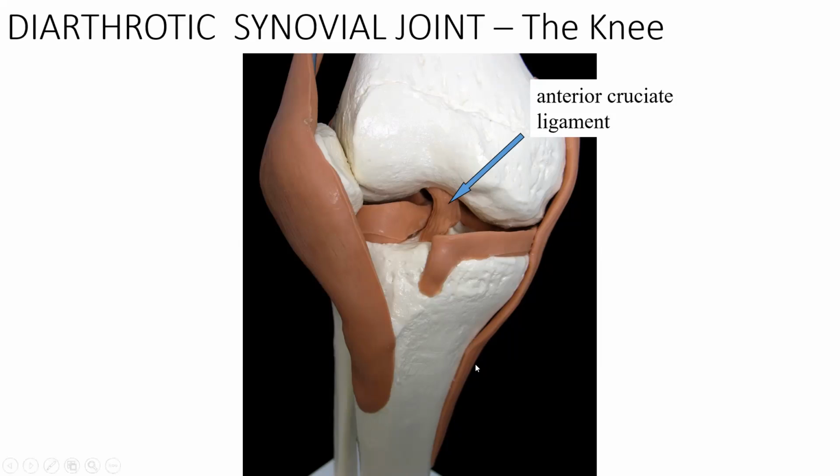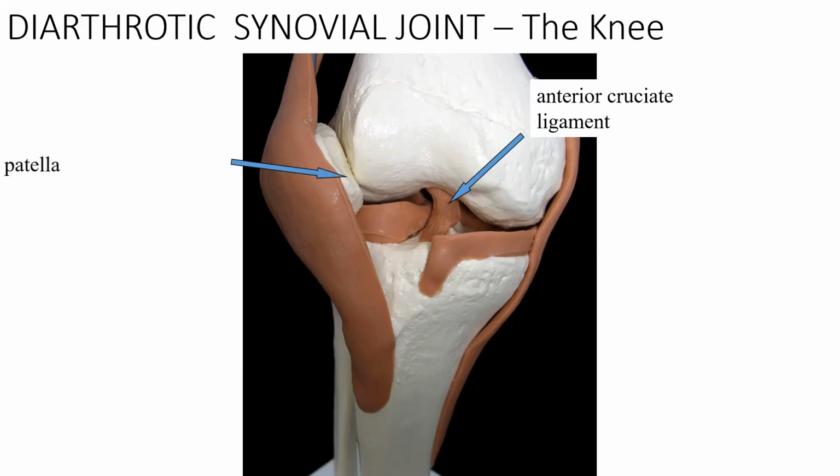The anterior cruciate ligament attaches at the front of the tibia and attaches in the back on the posterior side of the femur. The posterior cruciate ligament essentially does the opposite, attaches in the back of the tibia and inserts on the front of the femur.